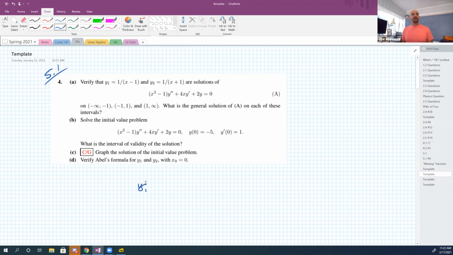All right, so I'm going to say y1 is x minus 1 to the minus 1 power. And that makes y1 prime minus 1 times x minus 1 to the minus 2. And then what else should I be thinking about there? What's the other consideration?